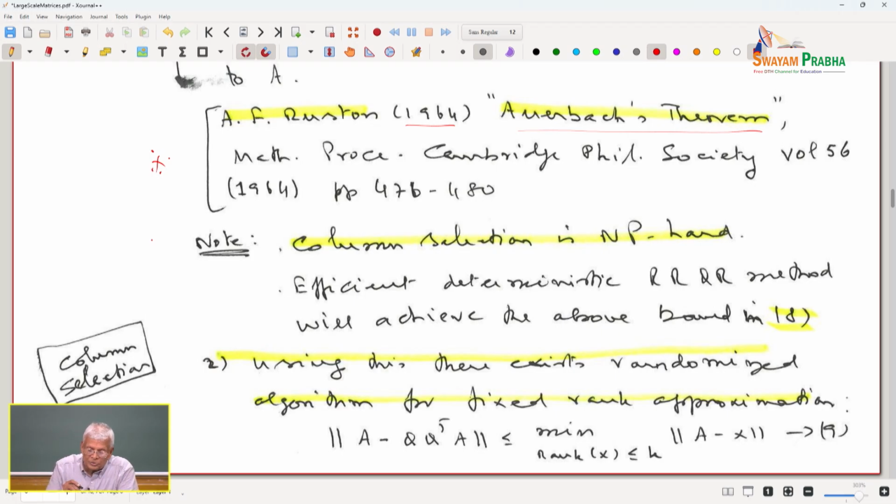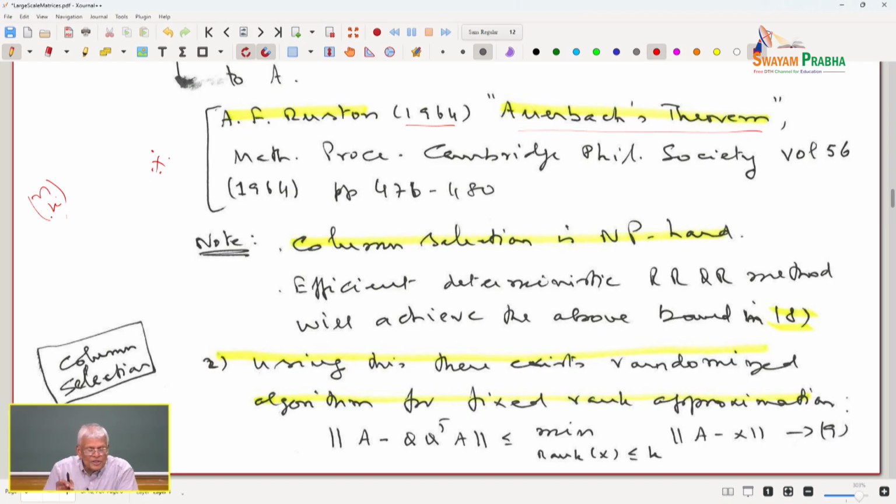So, this relates to how to find the columns. Please understand there are n columns. I am supposed to find a subset of k out of n columns. There are n choose k ways in which the subset can be selected.